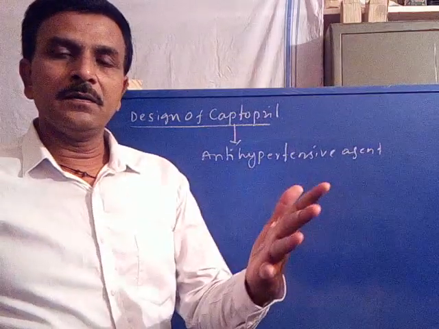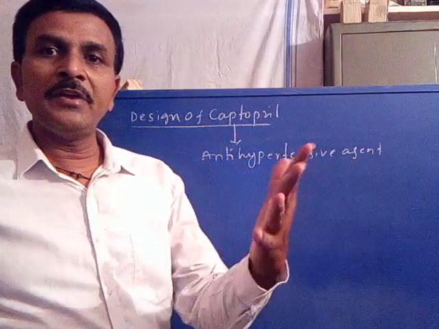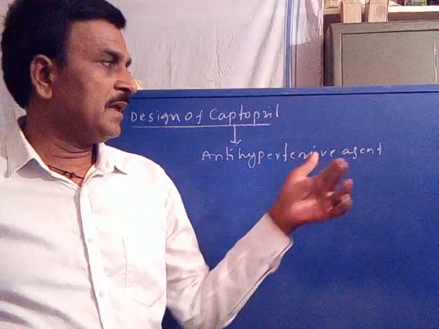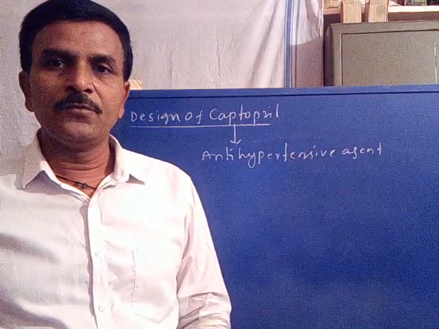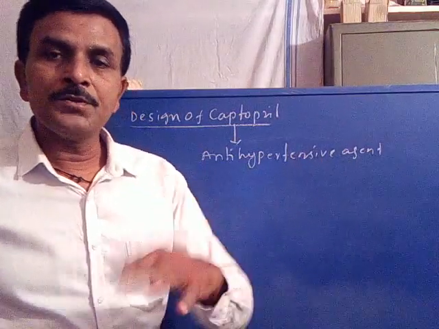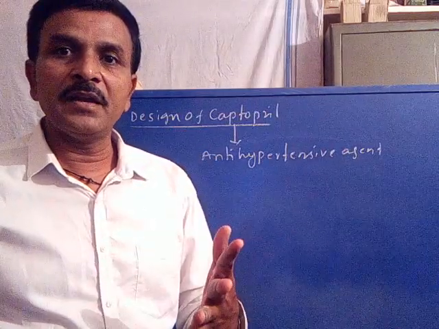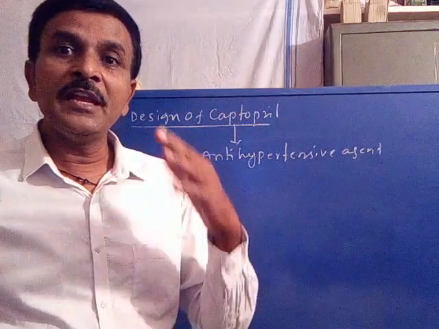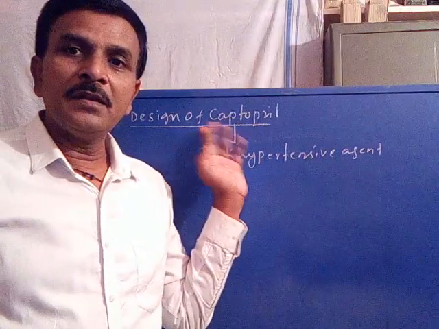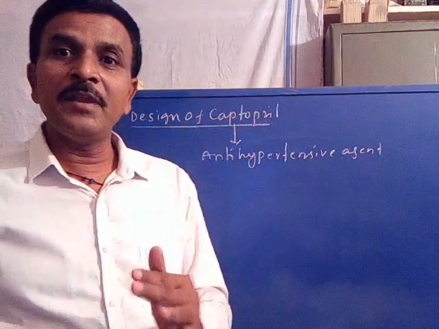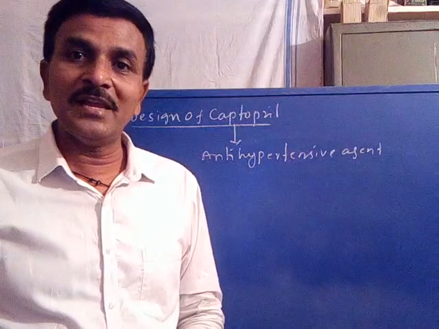It acts by inhibiting the active enzyme which is involved in the cause of hypertension. So whatever enzyme is actively involved in the cause of hypertension, that enzyme will be inhibited by captopril. Therefore captopril is an enzyme inhibitory antihypertensive agent.